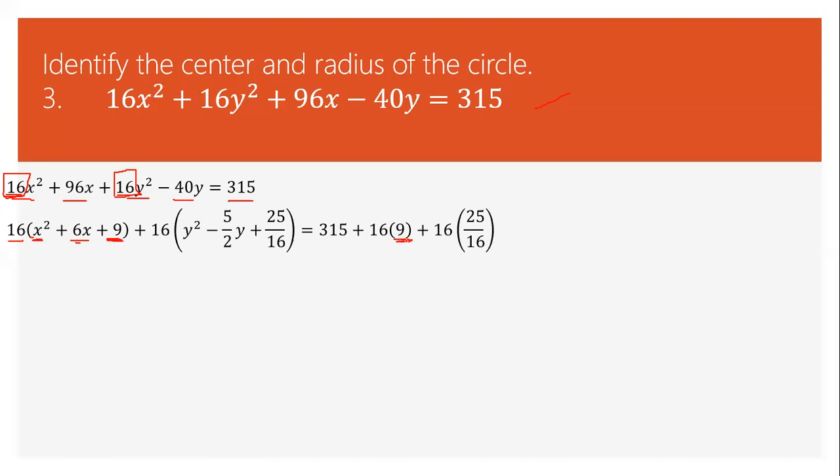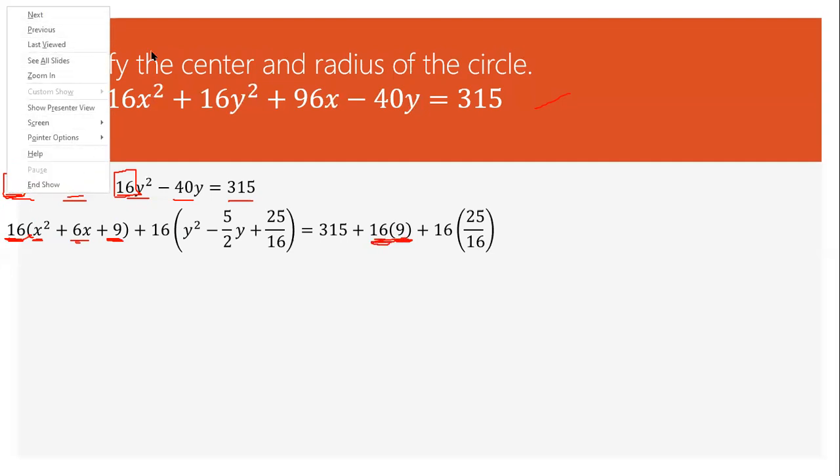However, since we factored out 16 earlier, this is supposed to be 96, but now it is 6. So we will multiply 16 times 9 on the right side to keep the equation balanced on the left and right.